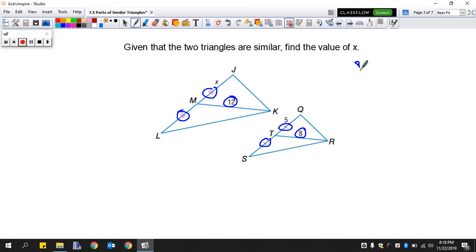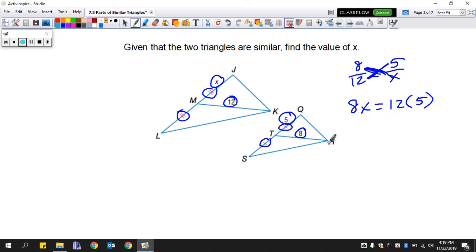I'm going to write the ratio as 8 to 12, which is equal to, because we have that 5 here, the 5 to x. When we cross multiply, we have 8x equal to 12 times 5.